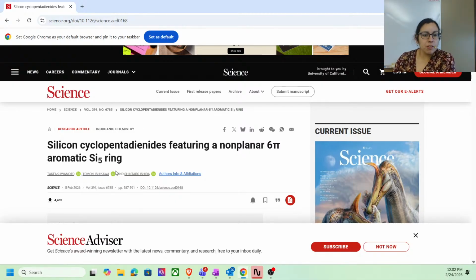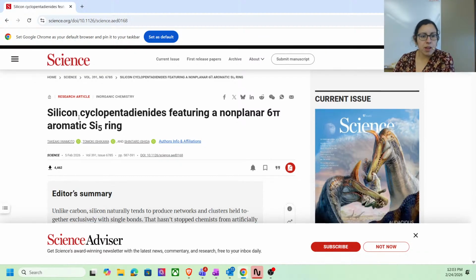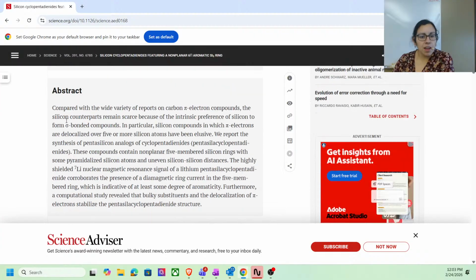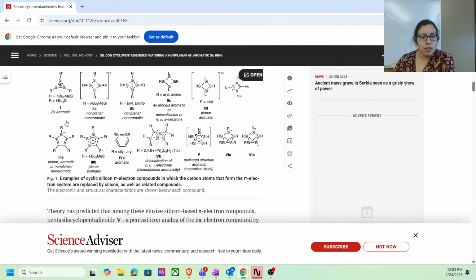But of course, chemists are always trying to push silicon to be more like carbon. And so that's what was really cool about this paper that also came out recently. This was at the beginning of February, but they basically made a CP ring with silicon. And so that's pretty cool.